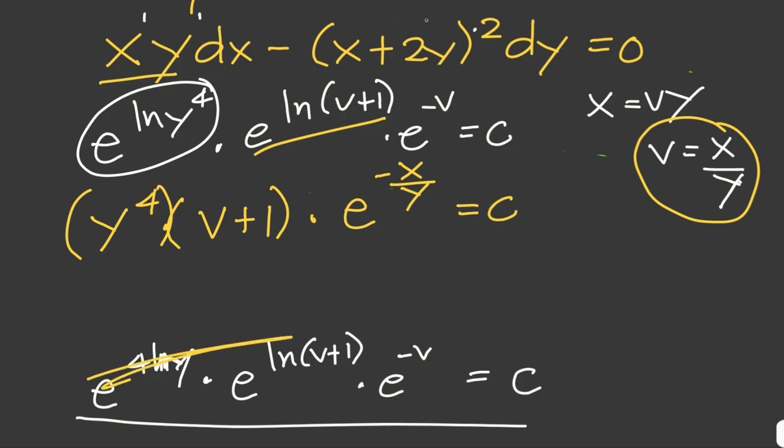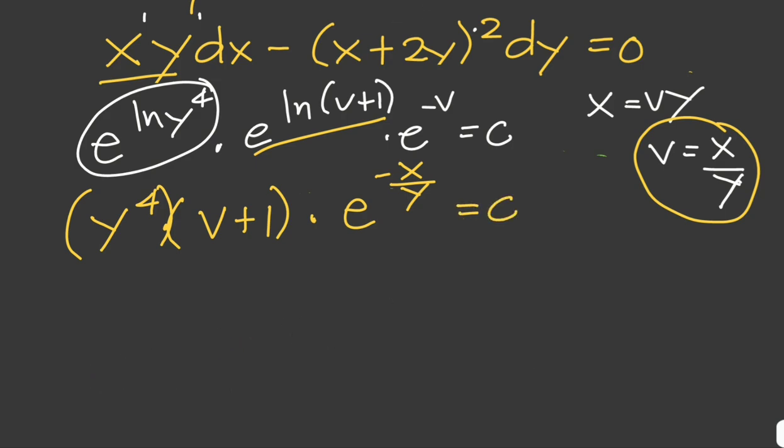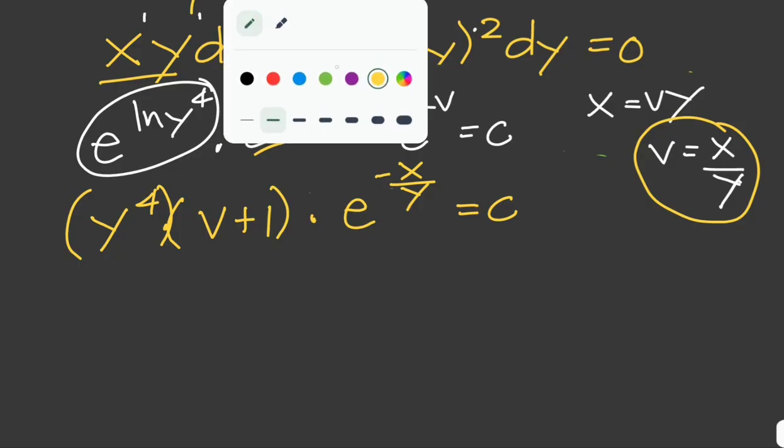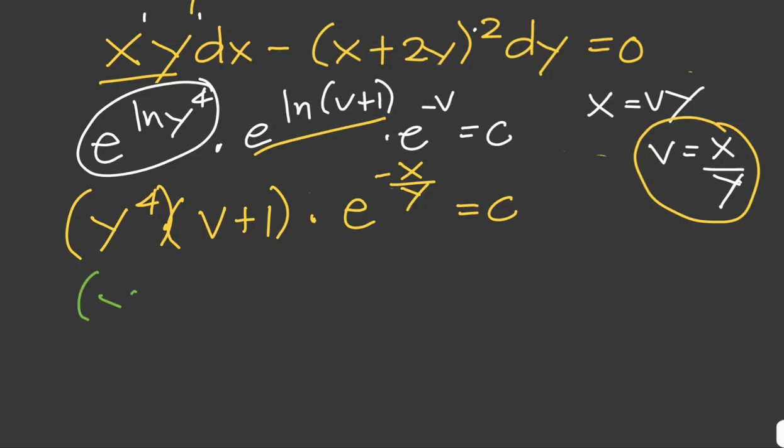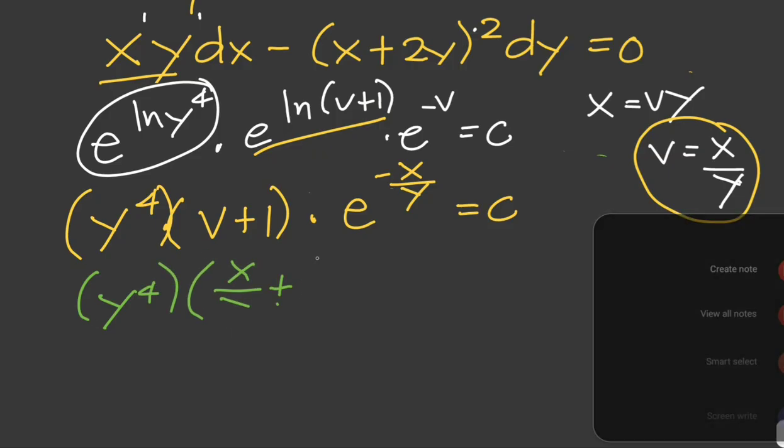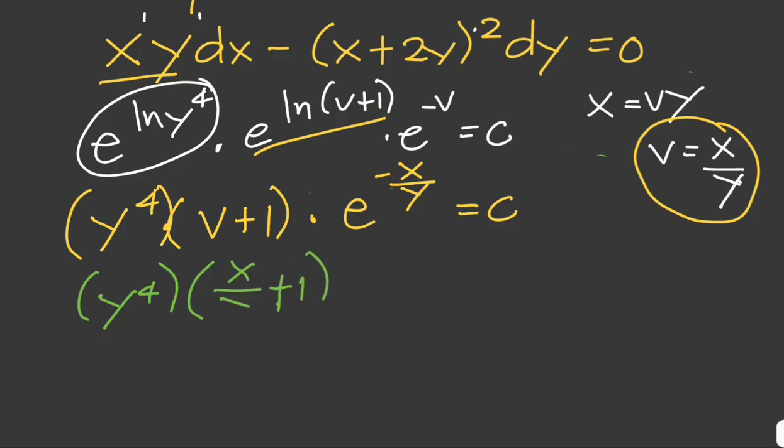And then we further simplify this. We have y to the fourth times v plus 1. v is x over y plus 1, times e to the negative x over y equals c.